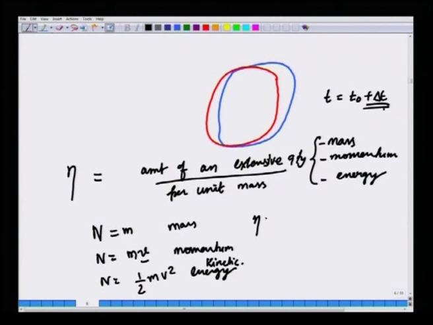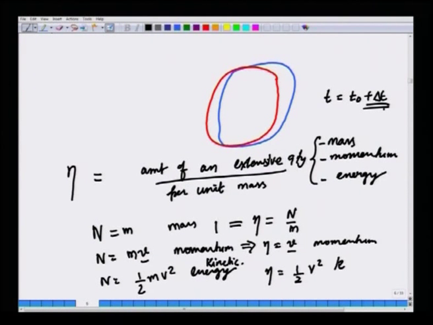Eta is per unit mass, N divided by m. So, eta becomes 1 for mass. Eta becomes v for momentum, because mv is the momentum, per unit mass is simply v, and eta becomes half v squared for the macroscopic kinetic energy of the fluid.